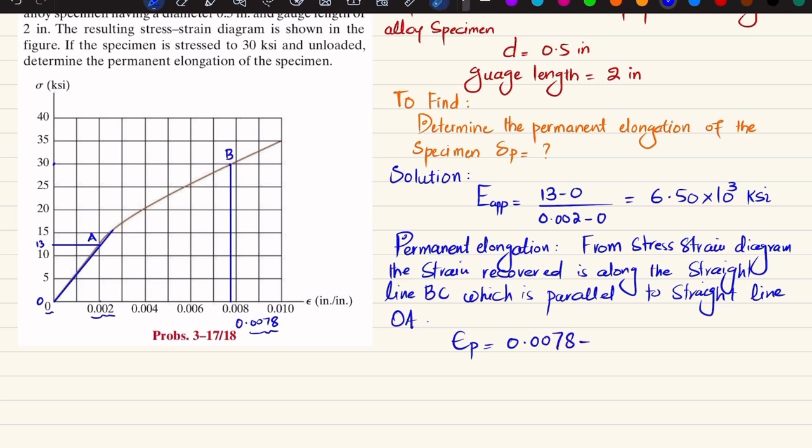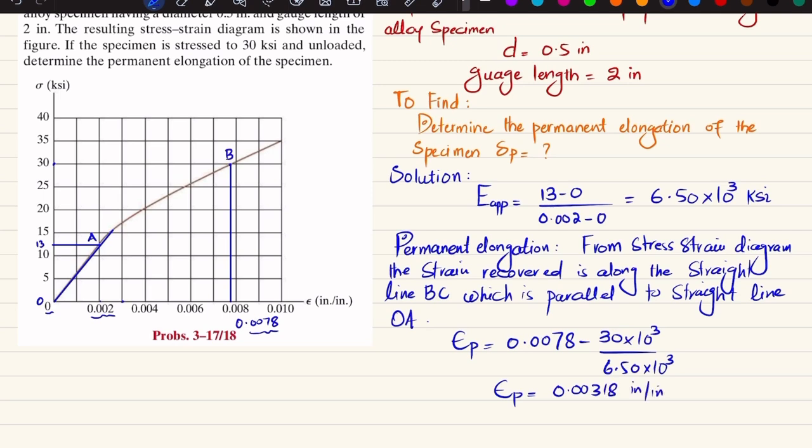So again, when you release this load of 30 ksi, it will not come back to the original position, but it will have certain strain. So how will we find that strain? That can be obtained by using the load 30 ksi. So 30 into 10 to the power 3 over the modulus of elasticity, which is 6.50 into 10 to the power 3. And that will give you the permanent strain in that object, and that is 0.00318 inch per inch. So what does it mean?